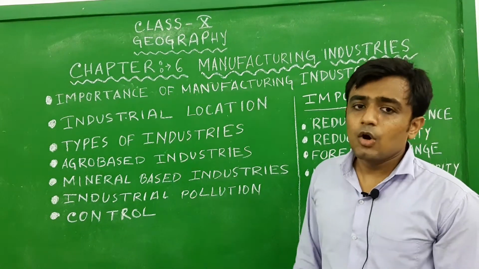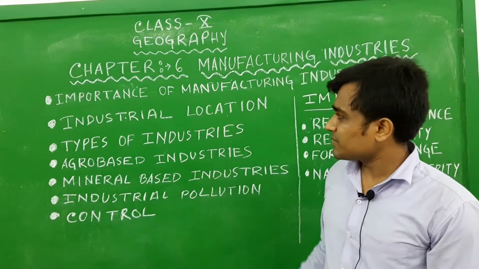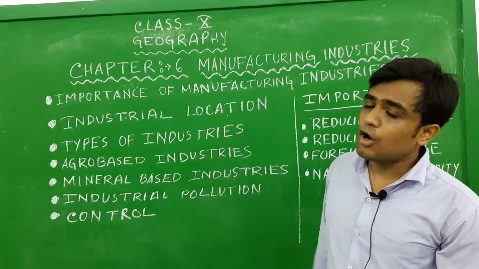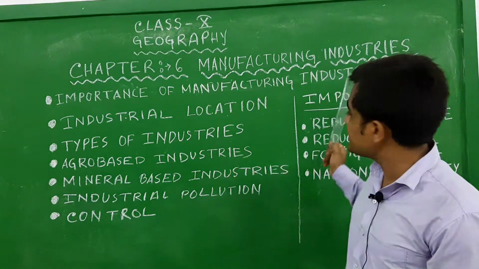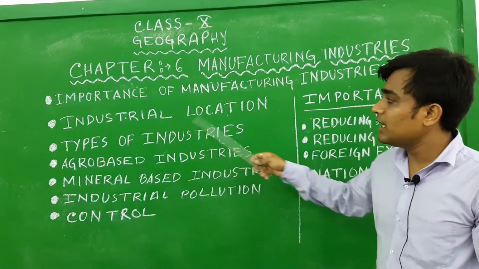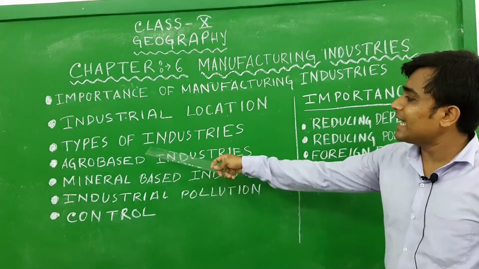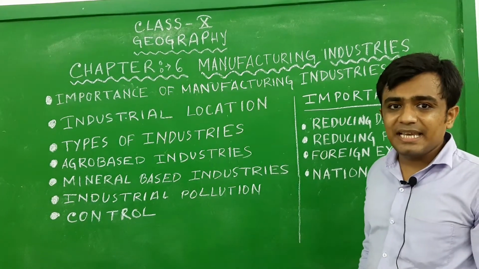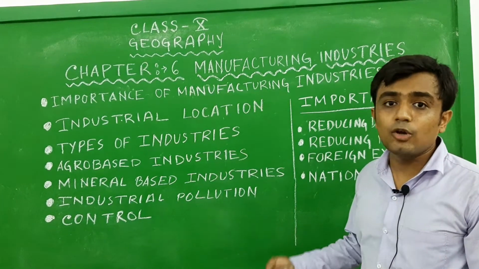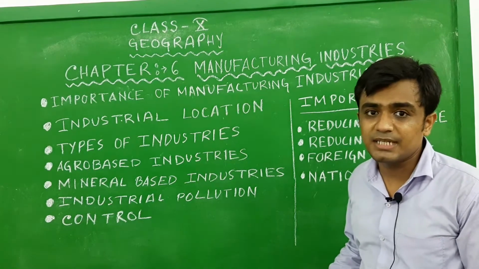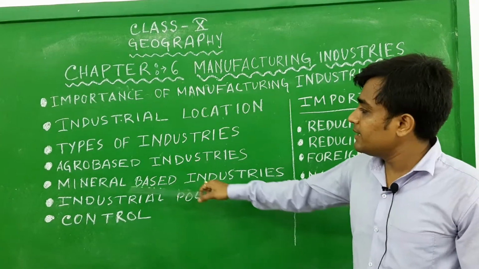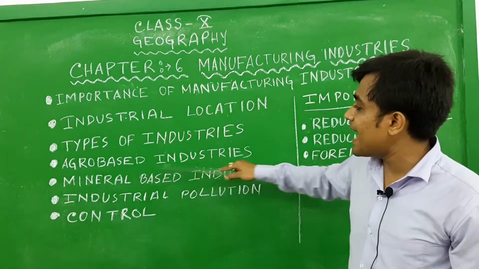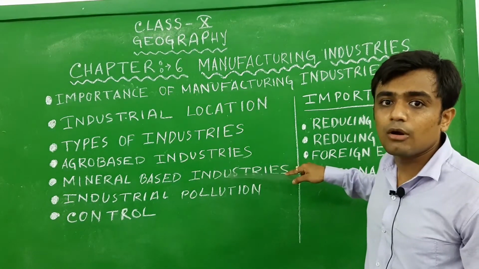In this chapter we will discuss the importance of manufacturing industries, then industrial location, and types of industry. There are several types of industry like large scale industry, small scale industry, agro based industry, mineral based industry, and many more. Then we will discuss in detail some agro based industries like jute and cotton textile.